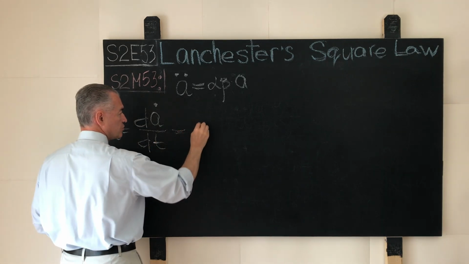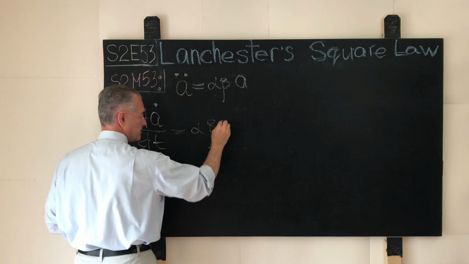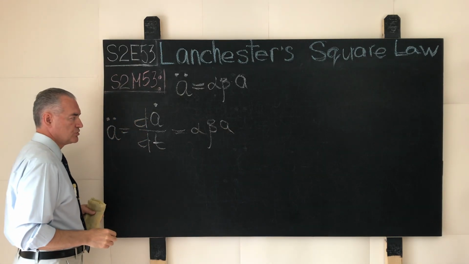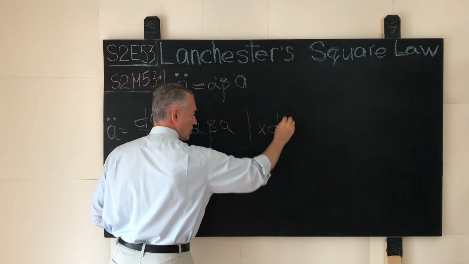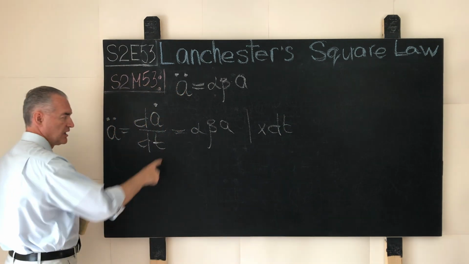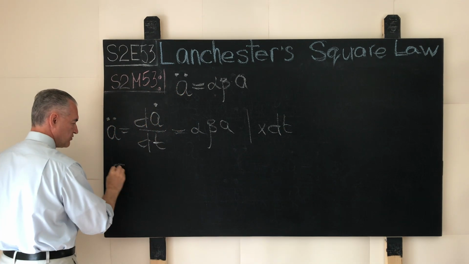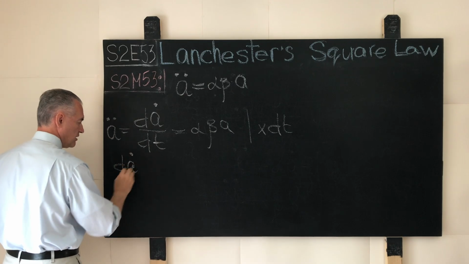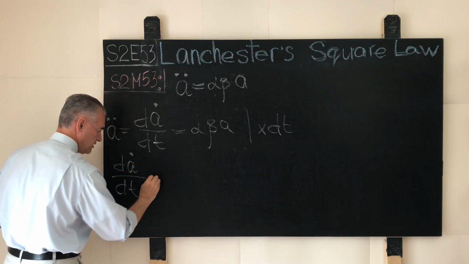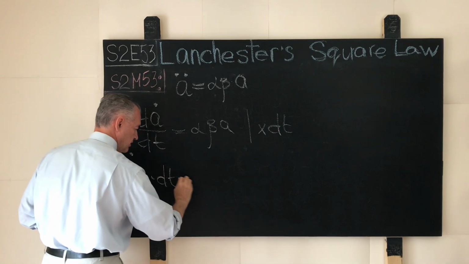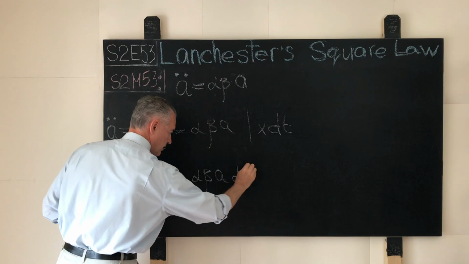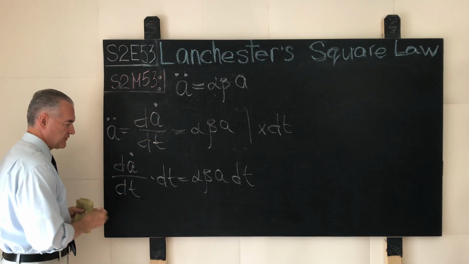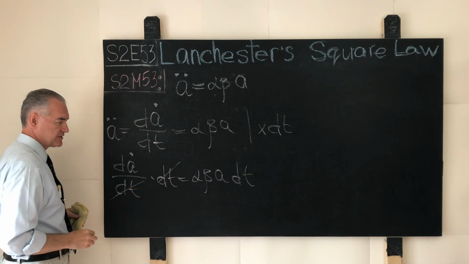Now what do we do? We multiply this equation through by one copy of dt. The dt over here cancels out. d A dot over dt times dt equals alpha beta A dt. You see, here these things cancel out.